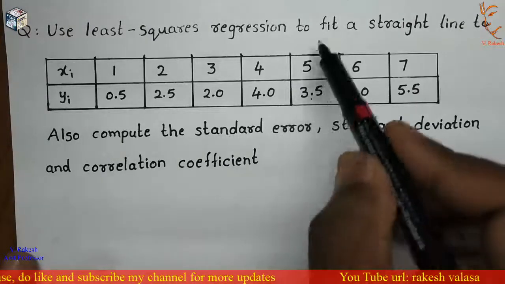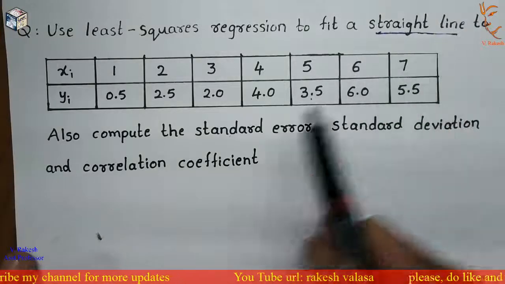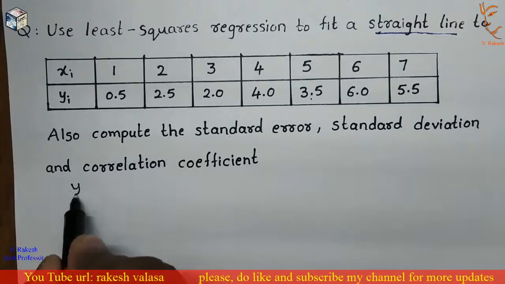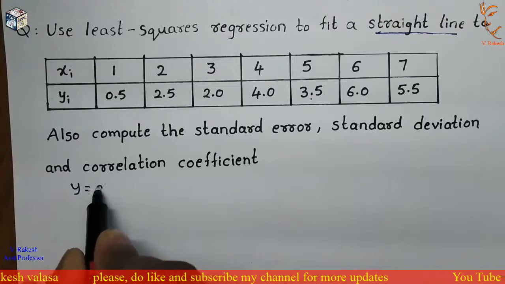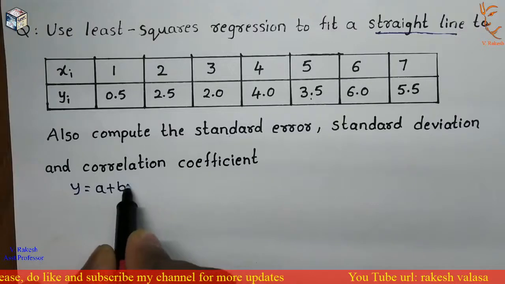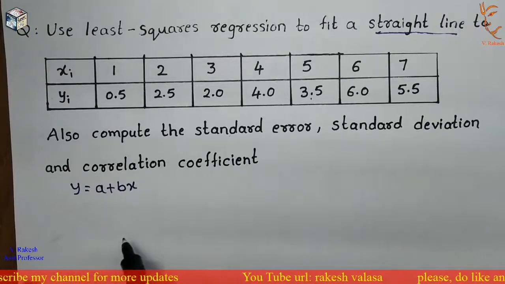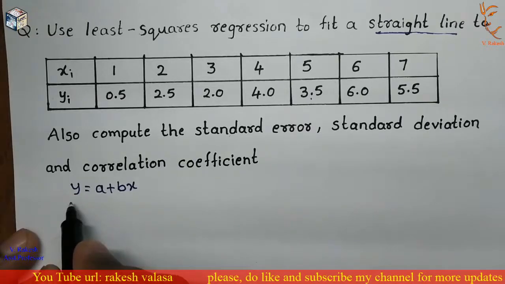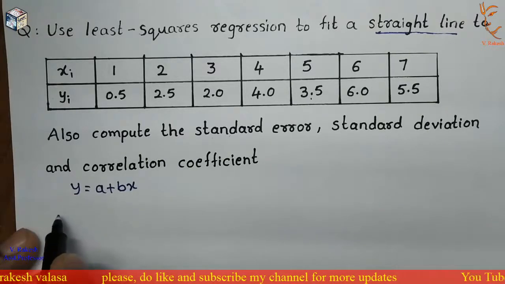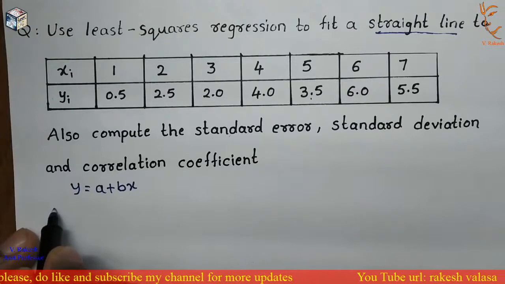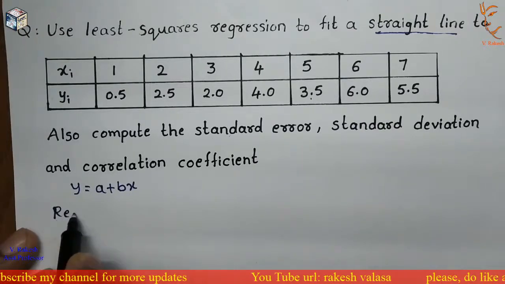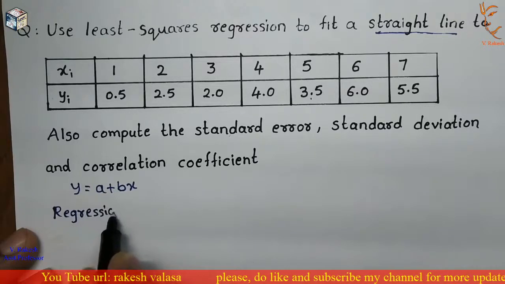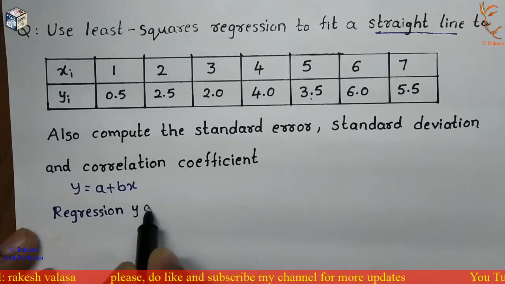See the problem. This is the straight line. We know the equation for a straight line, that is y equal to a plus bx, and also write the normal equations for the straight line, that is regression of y on x.